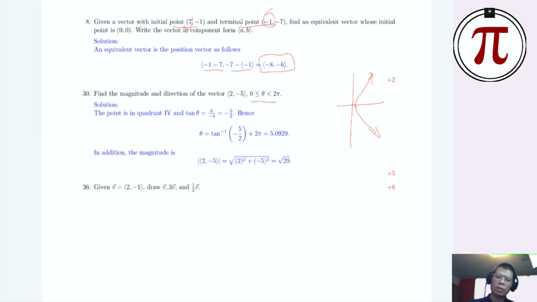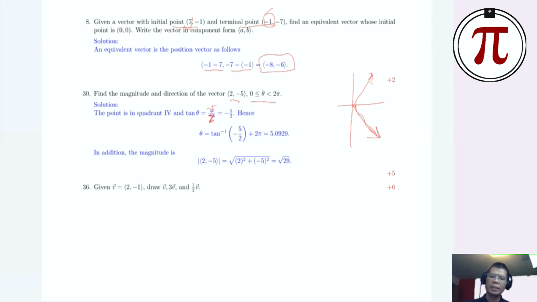So now for this vector 2 and -5, it is in what? Quadrant 4. Yes, the point is in quadrant 4. Oh, sorry, the tangent is -5/2. Yes, it's -5/2.